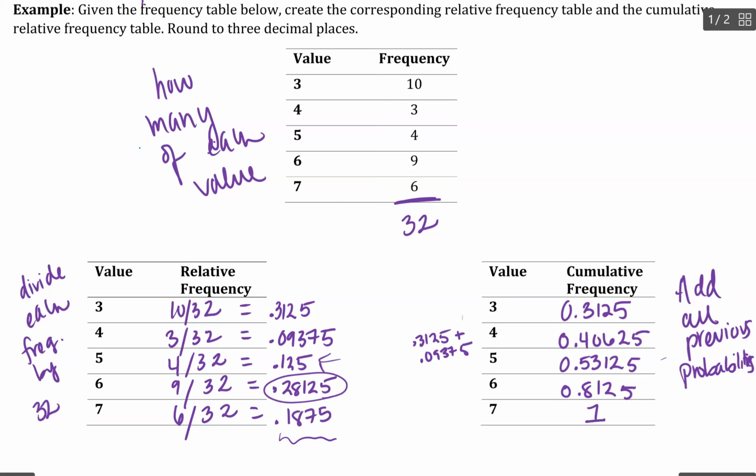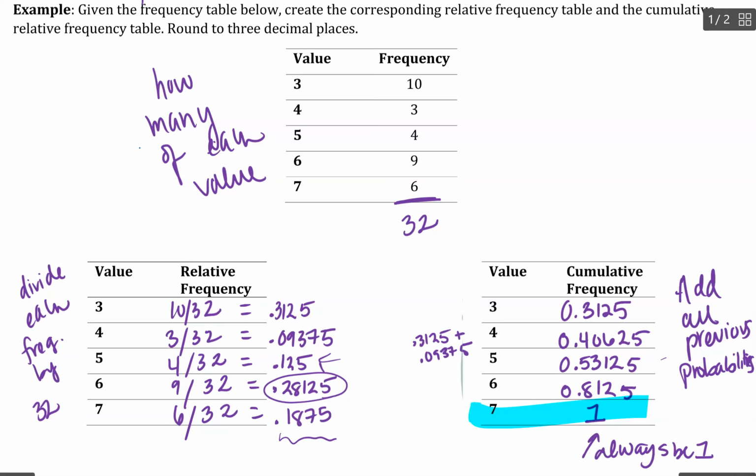It's going to be 1, because this last row says, what is the probability that you get 7 or anything less than 7? Well, it's going to be 1 because it's anything in the table. So in a cumulative frequency table, this last one will always be 1.